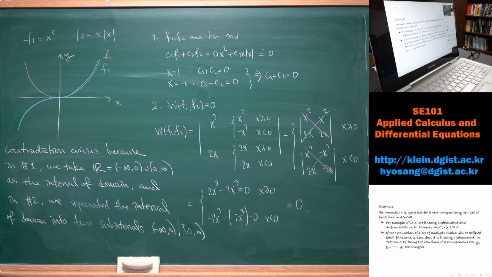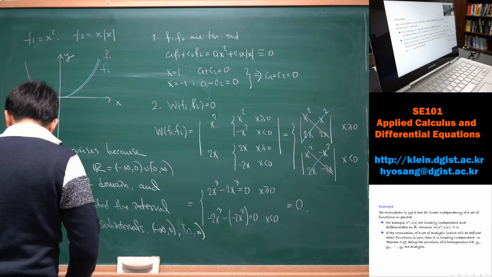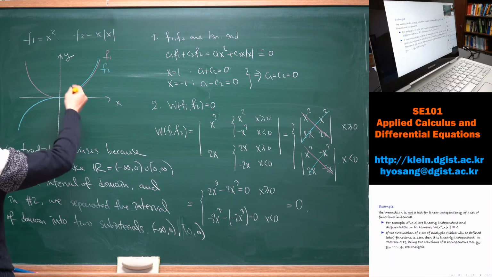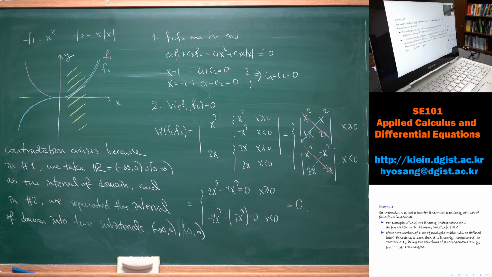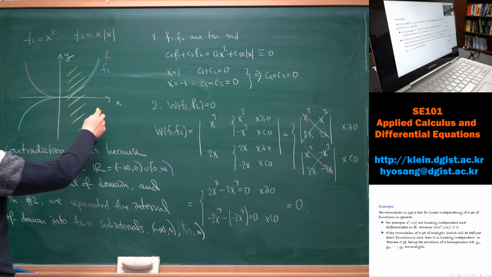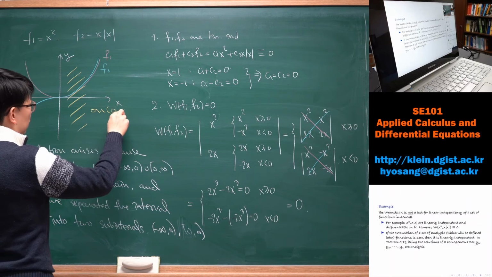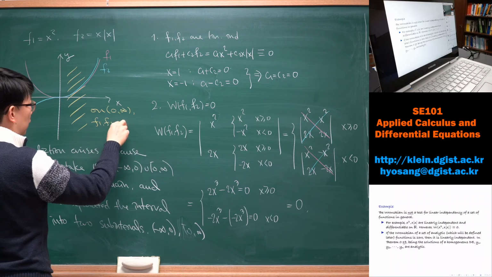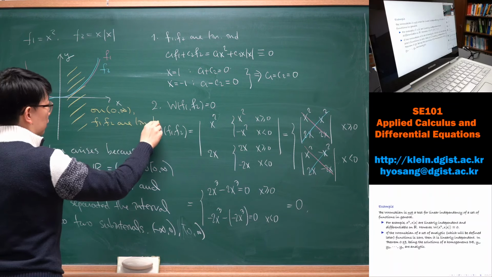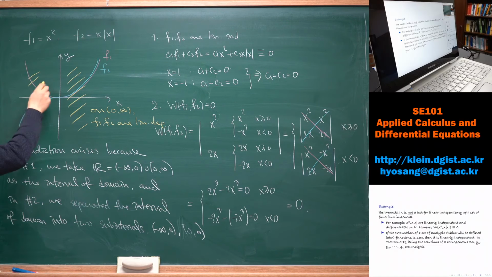Well, this contradiction cannot be fixed because in principle, these two functions are linearly dependent. If you're looking at the right-hand side of the x-axis, the positive side, f1, f2 are linearly dependent functions because they are just the same function, right? Two same functions are obviously linearly dependent. So on the positive side, f1 and f2 are linearly dependent. Okay. How about the other side?